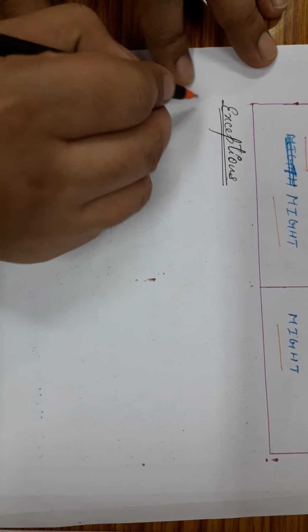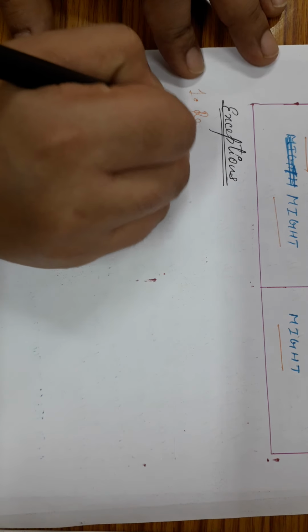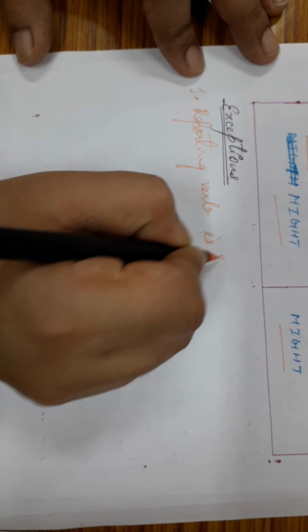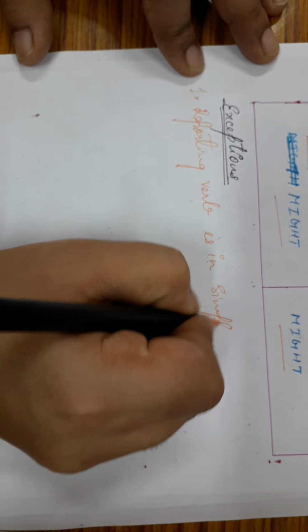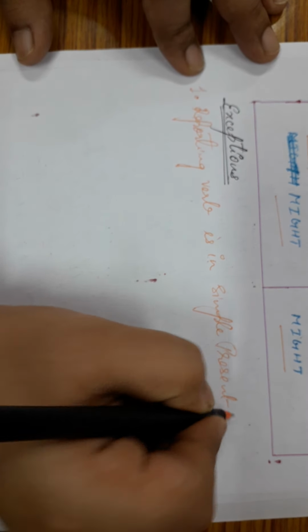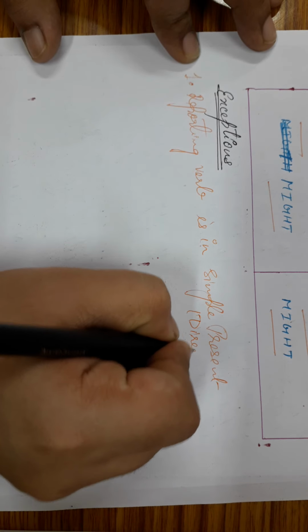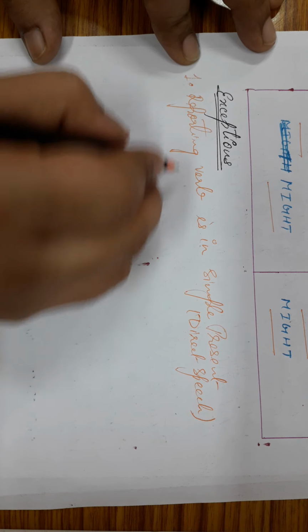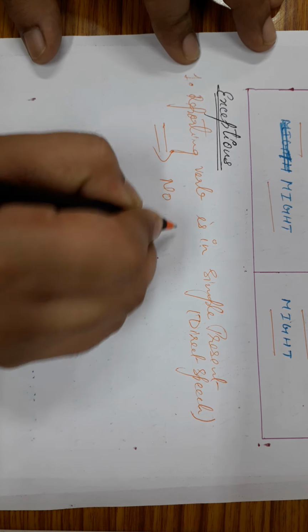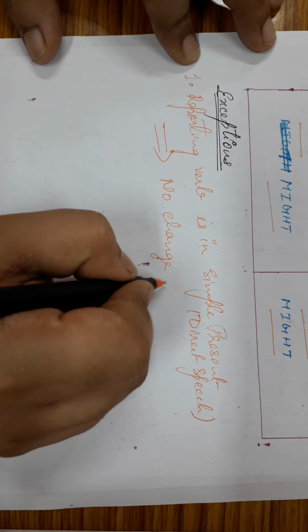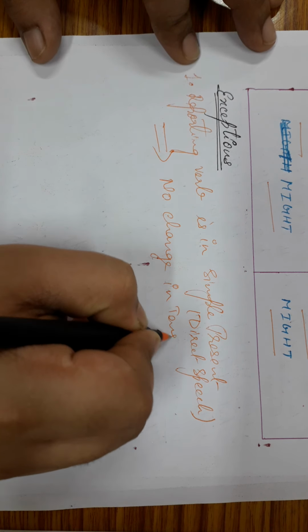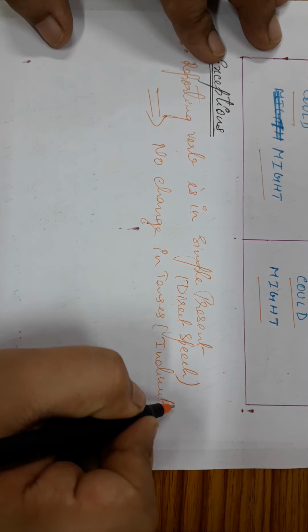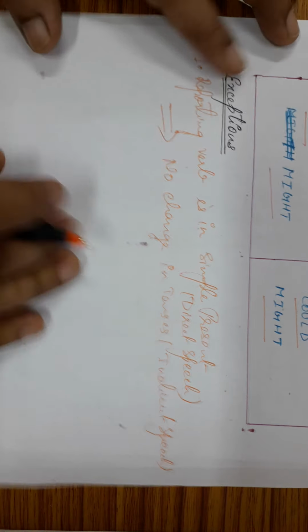For example, if the reporting verb is in simple present in case of direct speech, then we find no change in tenses in indirect speech.